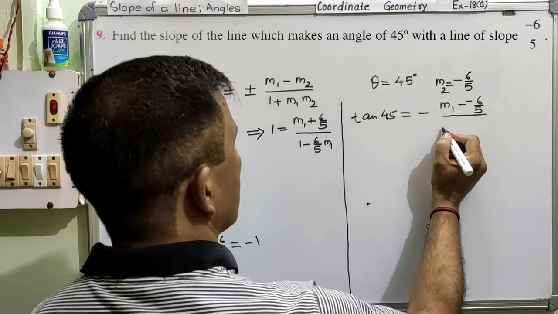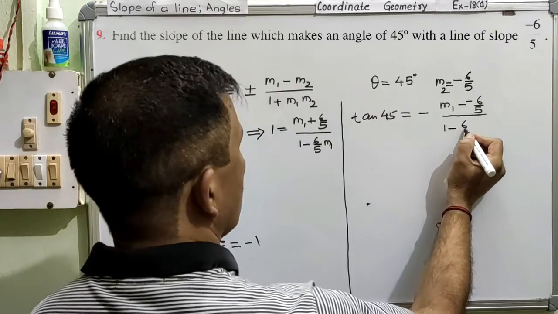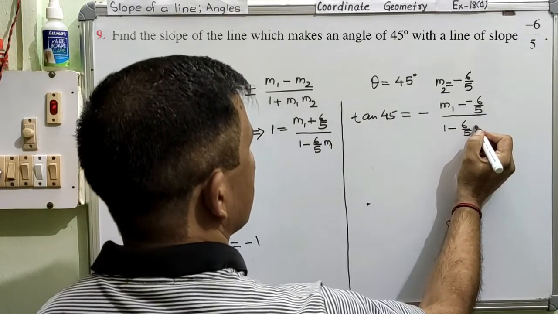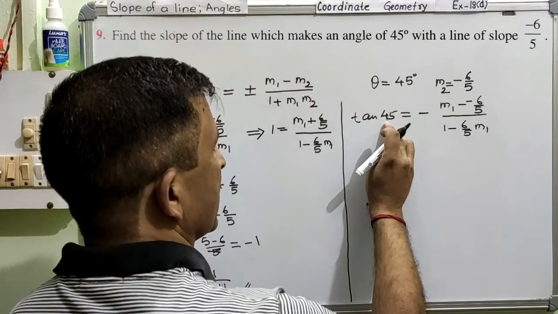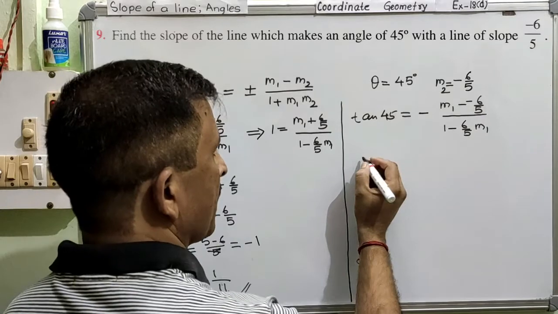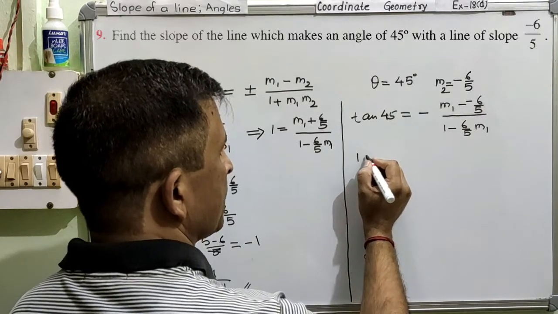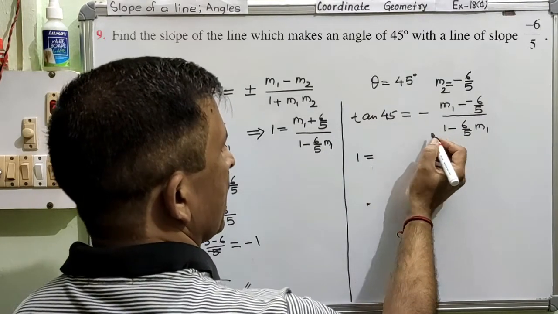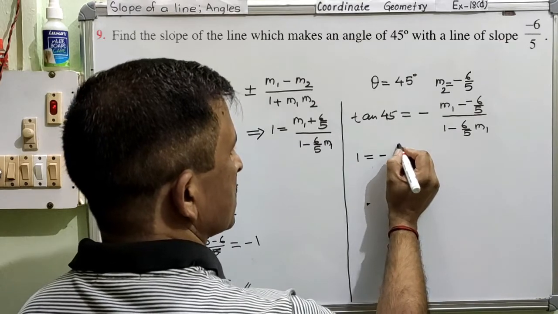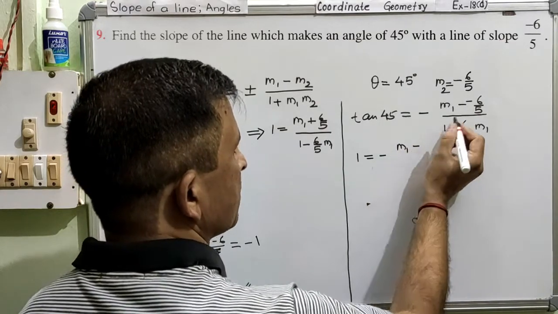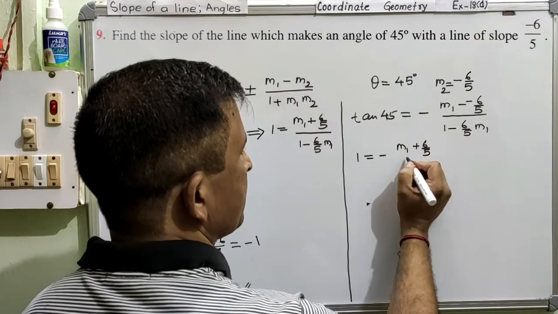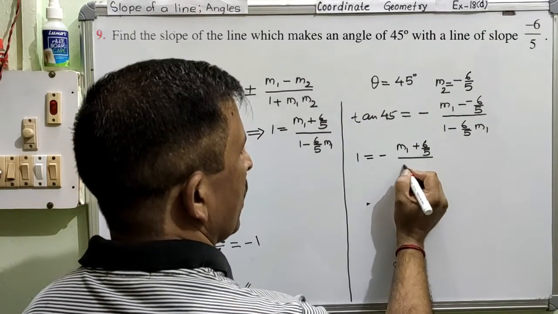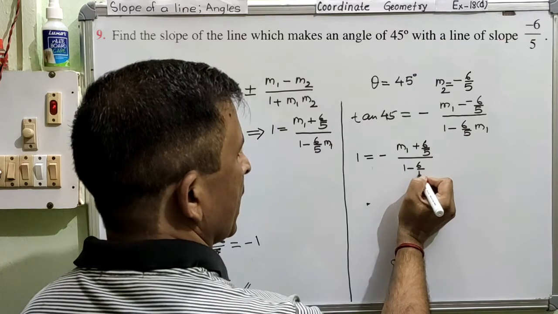And denominator is 1 minus 6 over 5 m1. Clear? You know that the value of tan at 45 degrees is equal to 1. So 1 is equal to, now minus m1 minus plus 6 over 5 divided by 1 minus 6 over 5 m1.